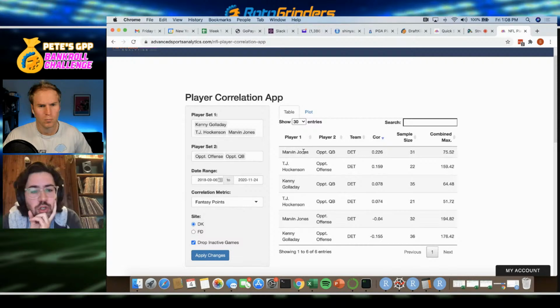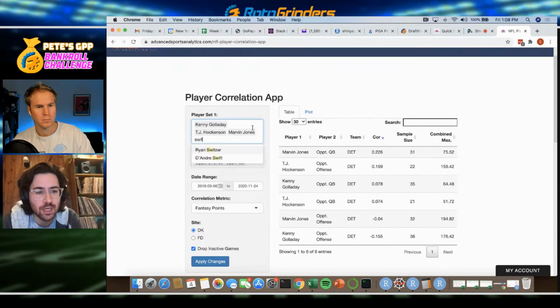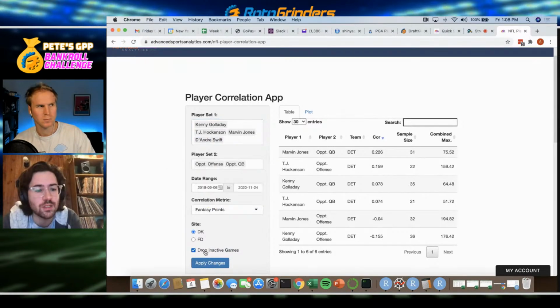Marvin Jones, in the wide receiver 2 role, actually has the best correlation with the opponent, and then Hawkinson and Galladay are in between. So I don't know. The correlation is not giving us a great sense of who we would need on the other side.